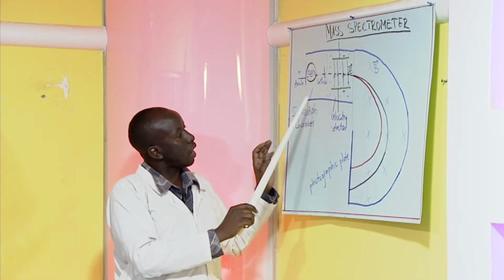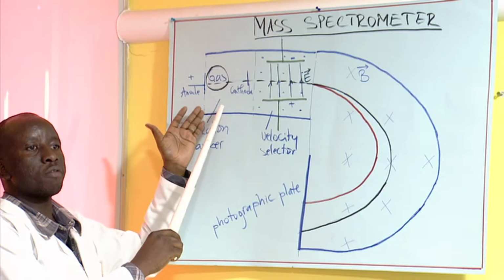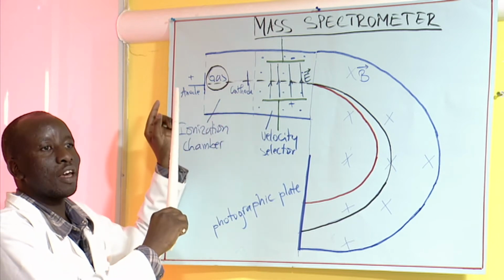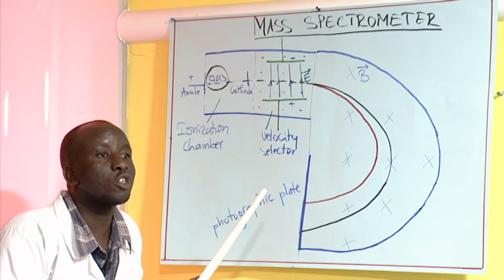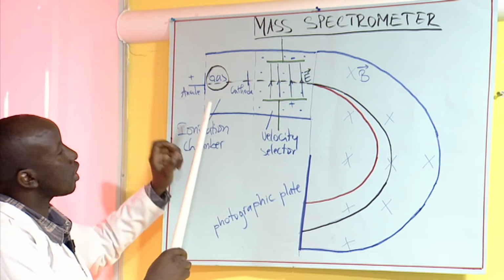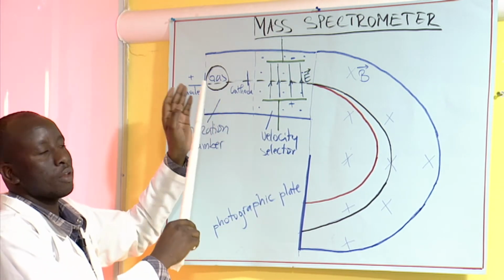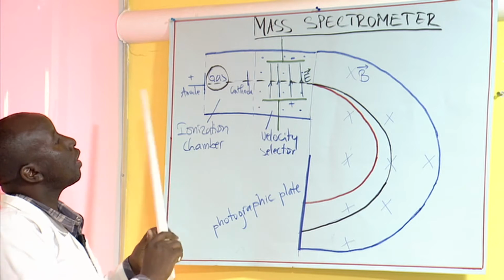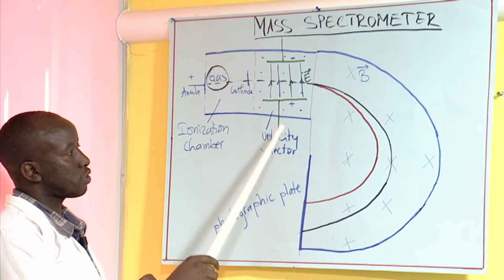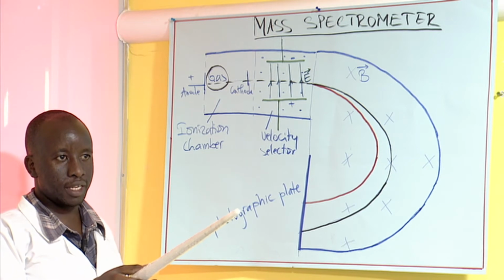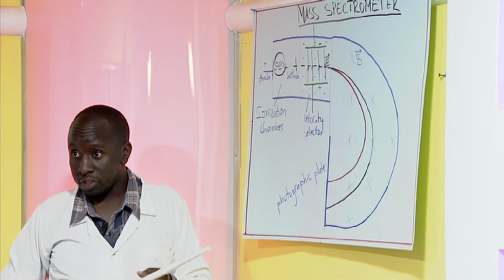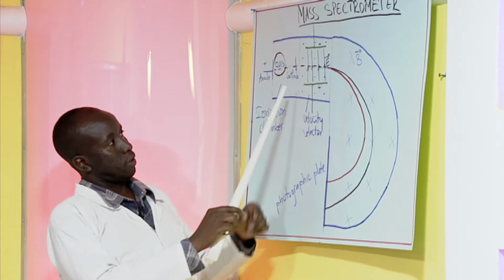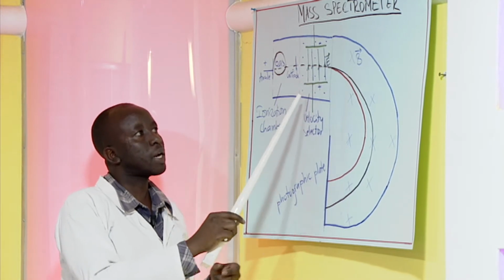Okay, now students, as you see, at first we have a gas, and then we have the ions. They are ejected, emitted from this ionization chamber, and then they are sent to the cathode, and this cathode accelerates them up to what we call the velocity selector. Into this velocity selector, we have two fields: the electric field and the magnetic field.